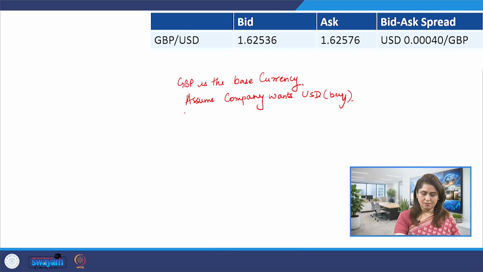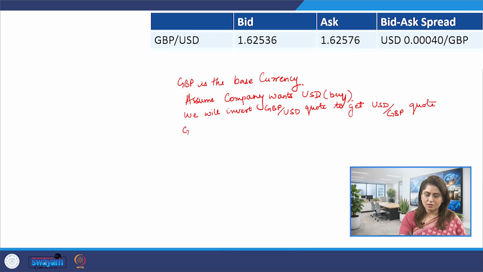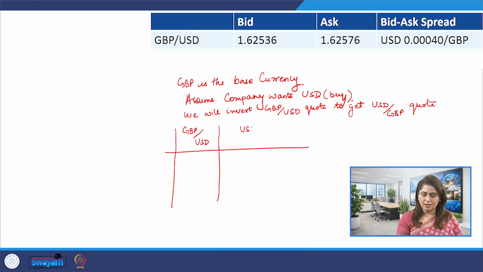We will invert the GBP USD quote to get the USD GBP quote. Now how will we do it? We have this GBP USD quote which is given to us, and we have to calculate USD GBP.